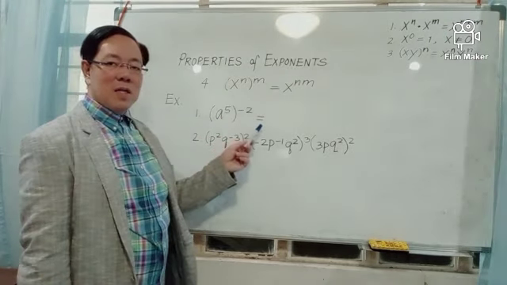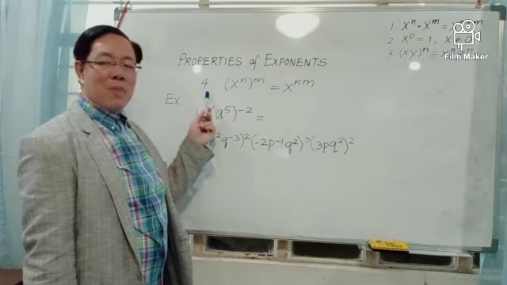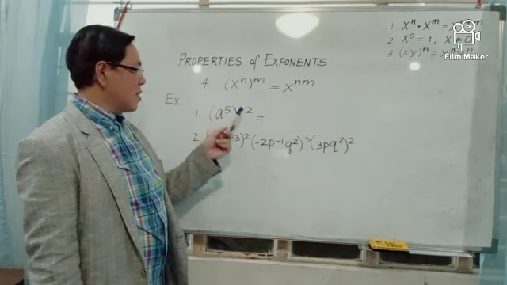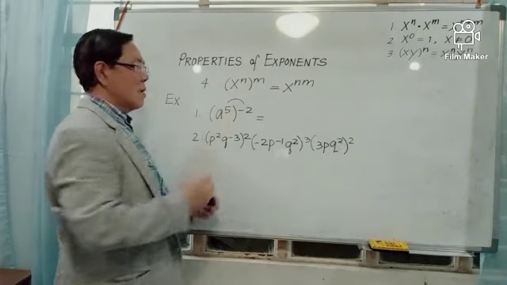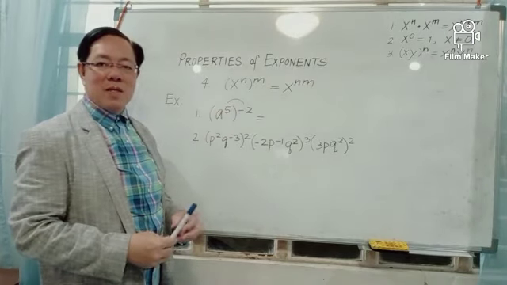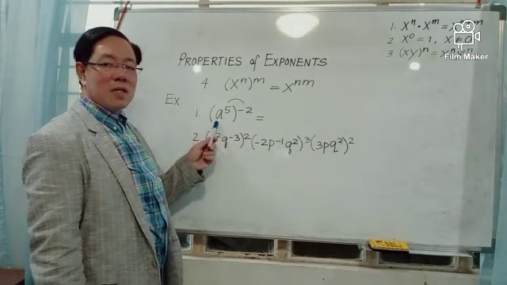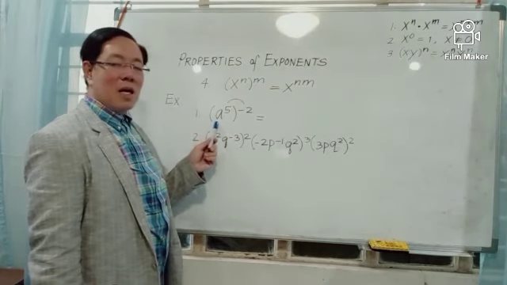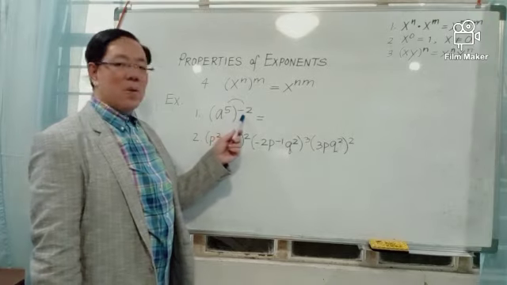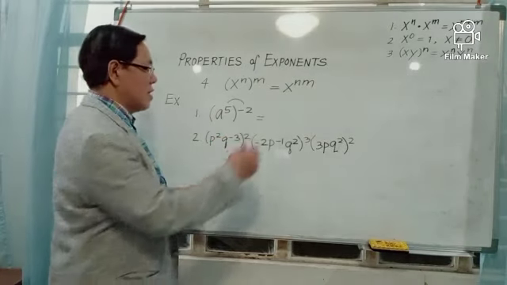And to simplify this by the fourth property of exponent, simply multiply the exponents. Multiply 5 and negative 2, and that is the new exponent of a. Hence, a raised to 5 to the power negative 2 equals a.